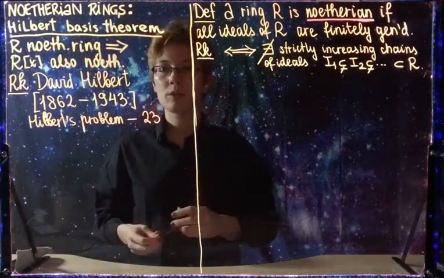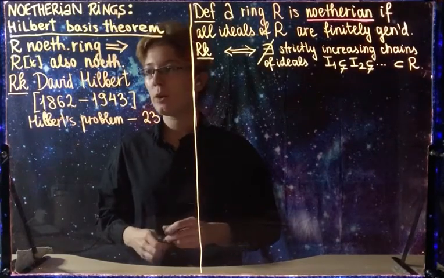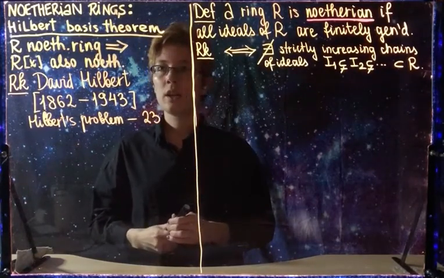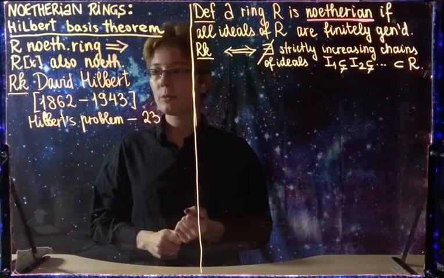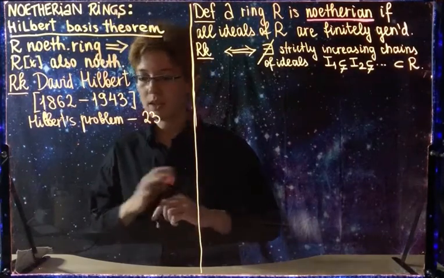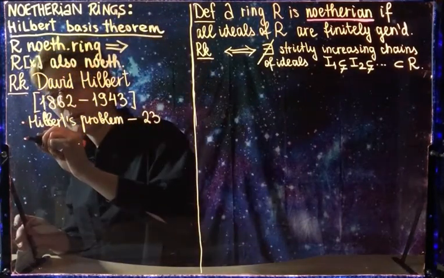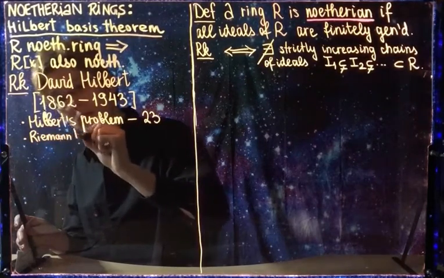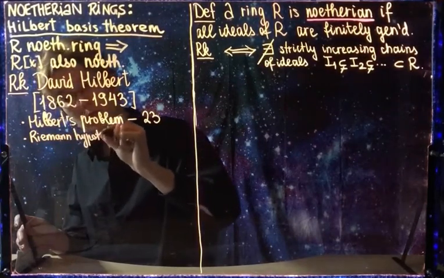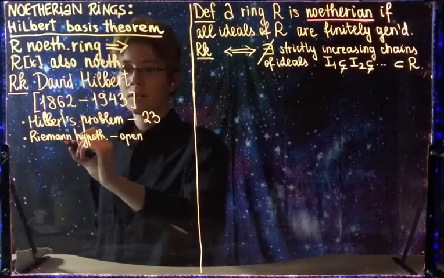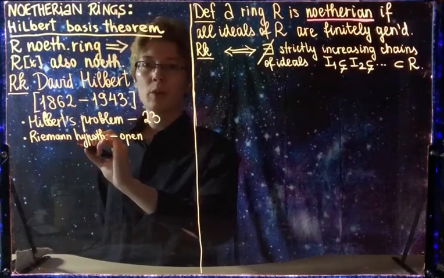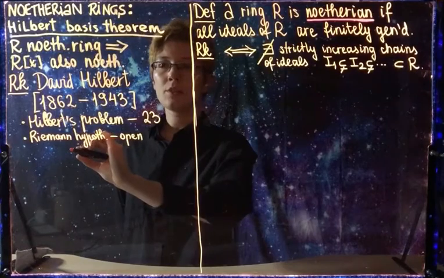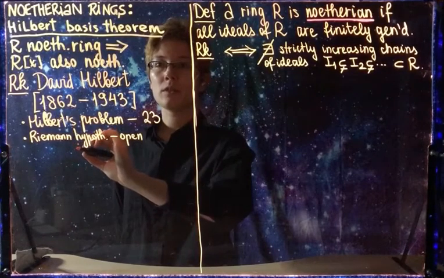Some of them are partially solved, and one of the most famous unsolved problems from his list is the Riemann hypothesis. And it is a conjecture about zeros of the so-called zeta function.